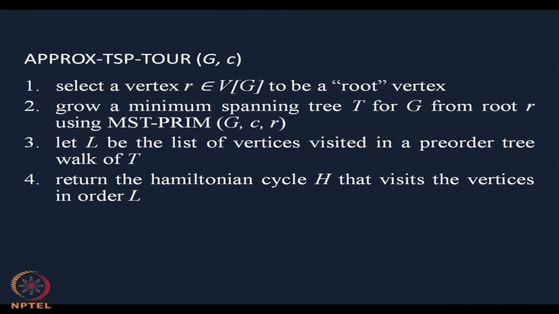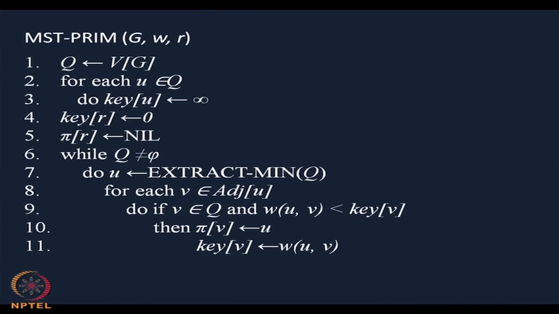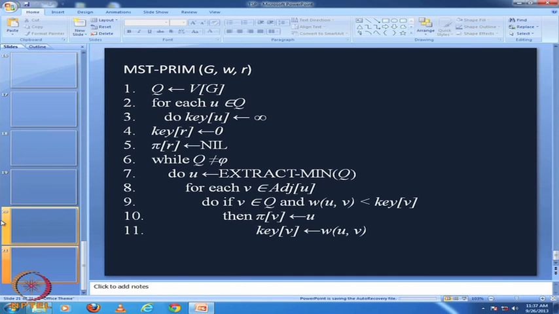Then you find L, the list of vertices visited in a pre-order tree walk of T. What is a pre-order tree walk? Again I will tell. Then we return the Hamiltonian cycle, that is the cycle which you got. This is the algorithm for finding the minimum spanning tree. You just go through it, I am not explaining this one.